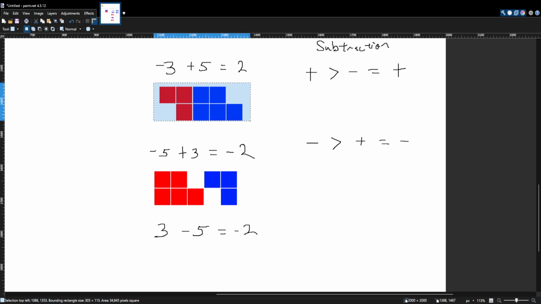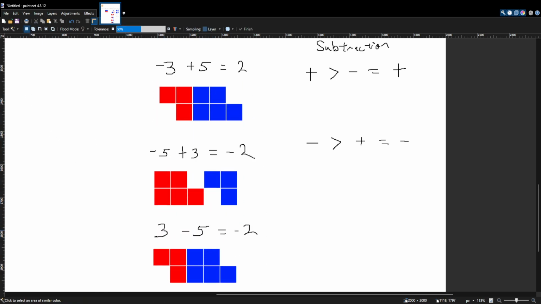And again, it's the same sort of effect as I had up here, but all of my values here are going to be blue tiles, and then all of these ones are going to be red tiles. And again, these 3 and those 3 are going to cancel out, and I'll be left with 2 negative ones.